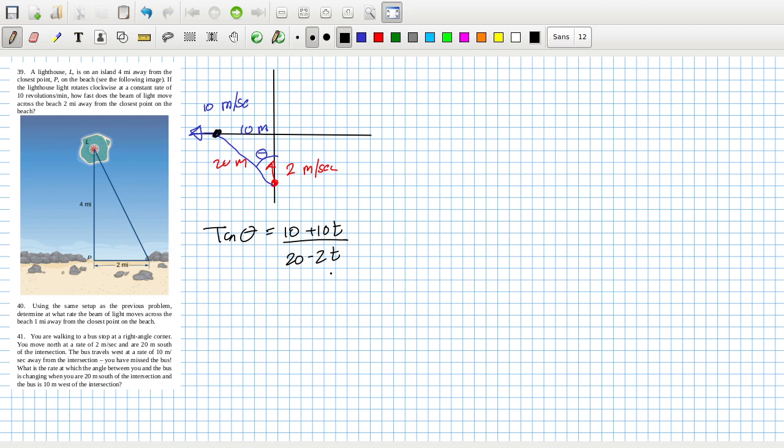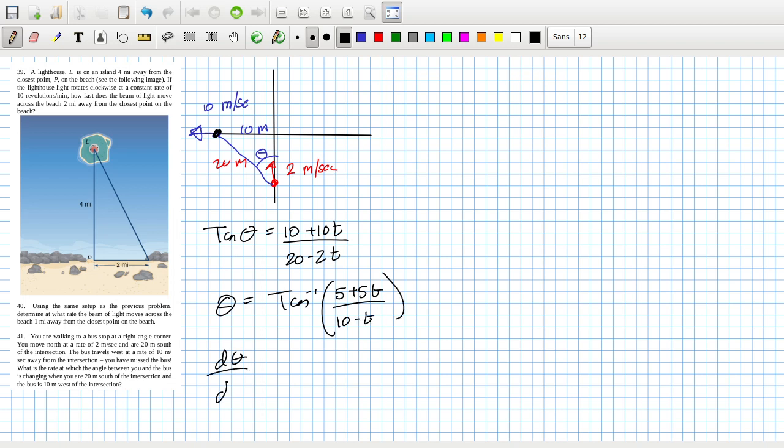So, what's the best way I want to do this? I'll just go chain rule. Theta is tan inverse of 5 plus 5t over 10 minus t.